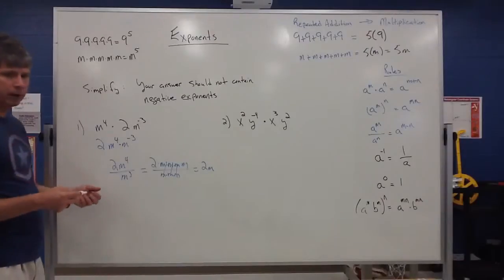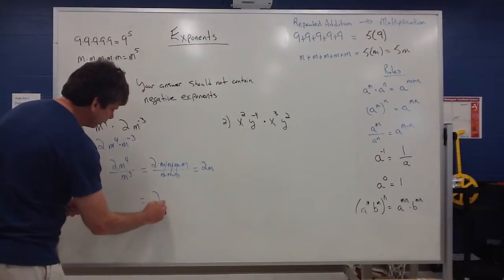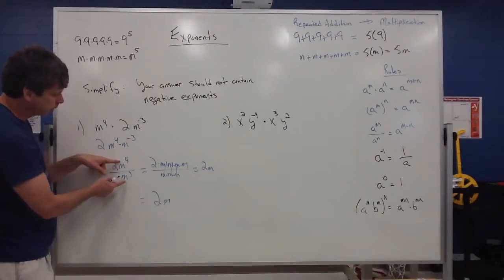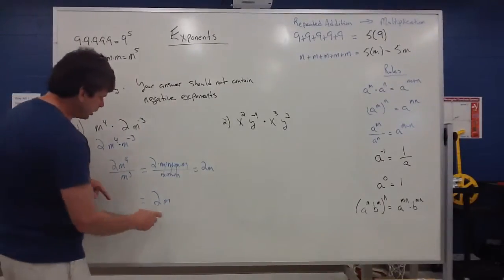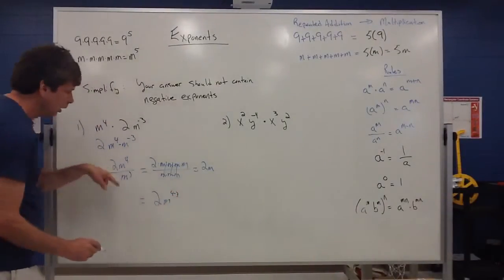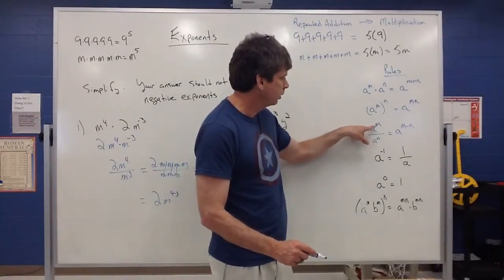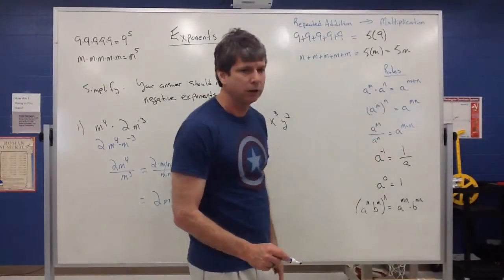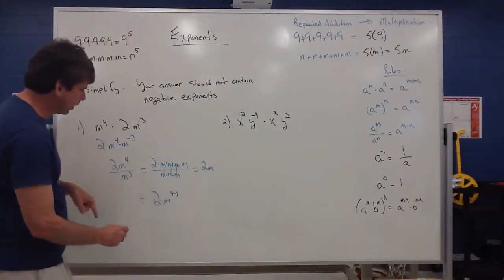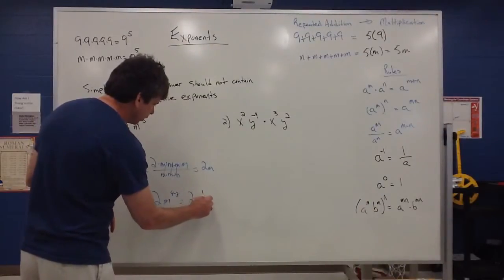So that's my process. But also don't forget, I could also do this problem as 2 times, notice how I have m to the fourth and m to the third. Notice how those have the same base. I could change that to m to the 4 minus 3. I can apply this rule here that says if you have the same base, you can subtract those exponents to simplify it. So it's going to be 2 and m to the first power.